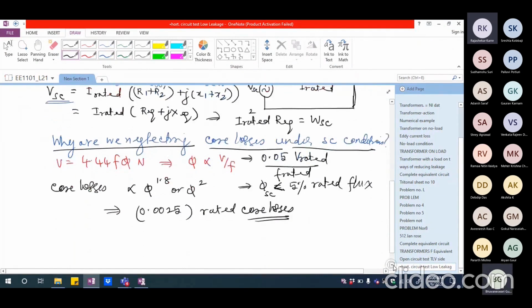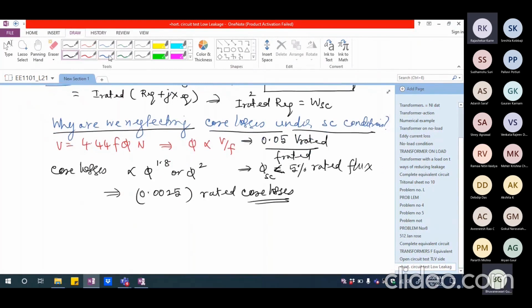So let us look at the calculations corresponding to the short circuit test.